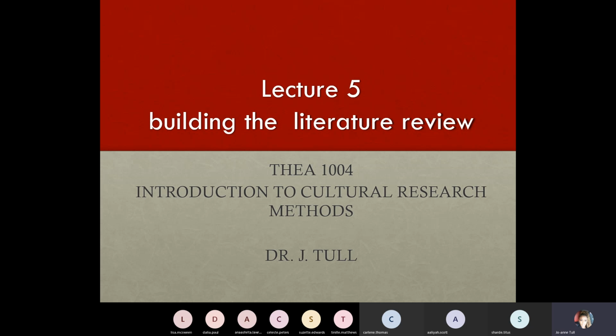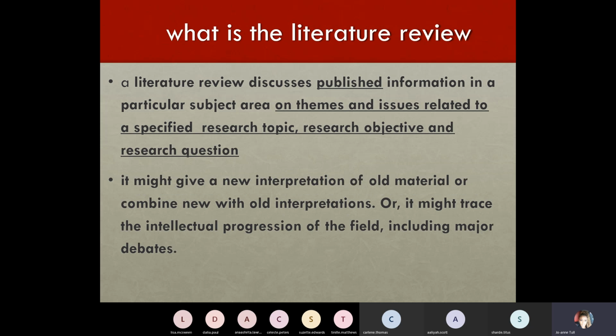But what it essentially asks is that we discuss what has already been published on the particular subject area that we are looking at, the main themes and issues that relate to your research topic, your research objective, and your research question. You may also be able to present new interpretations of what has been there before.